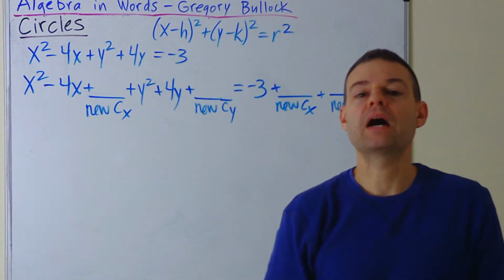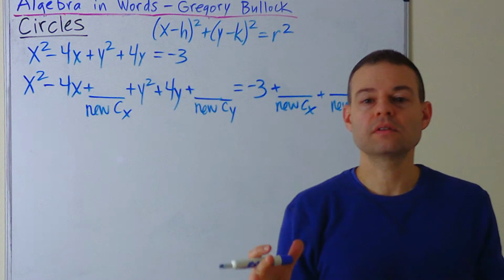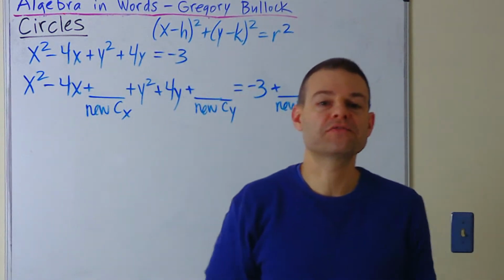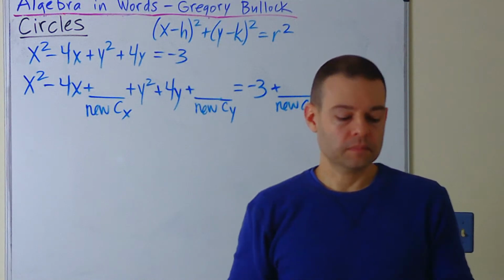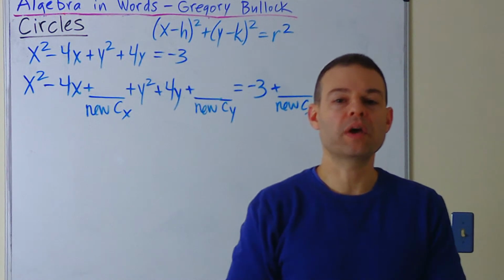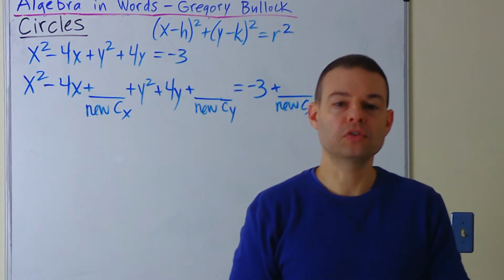Okay, and now we're going to do the complete the square method, first for the x's, then for the y's. So let's focus on x squared minus 4x. If we had to complete the square, if you remember how to do that, what we need to do is use the equation for the new c, which is b over 2 squared.